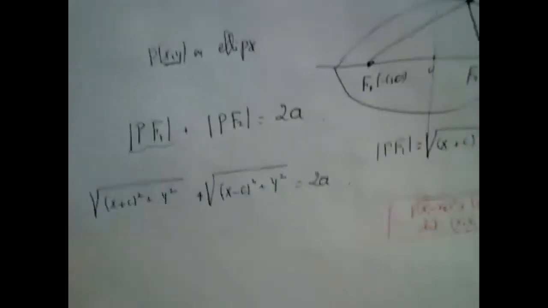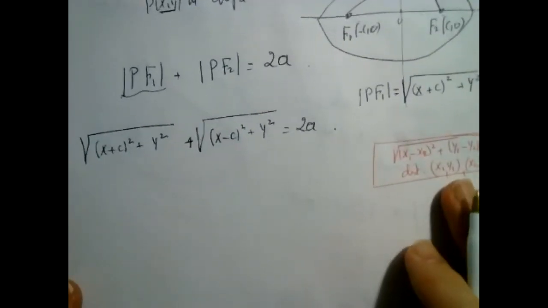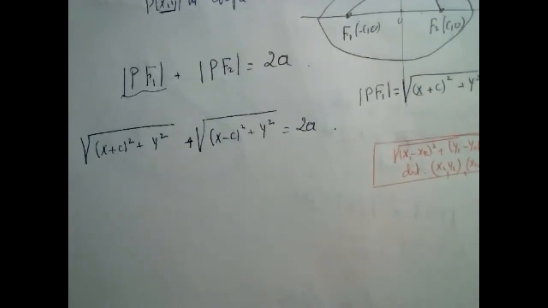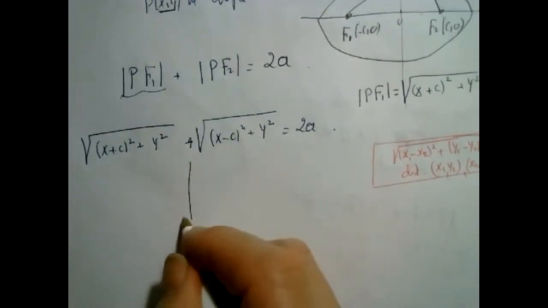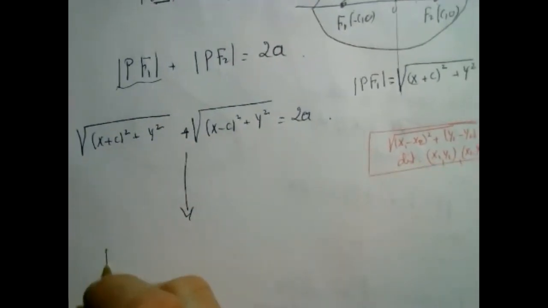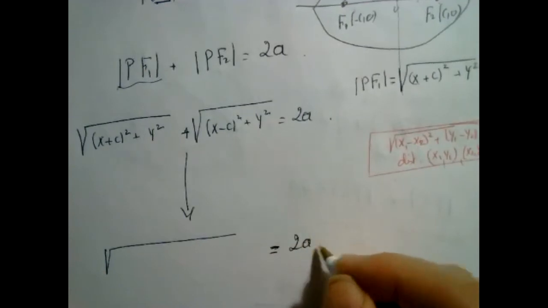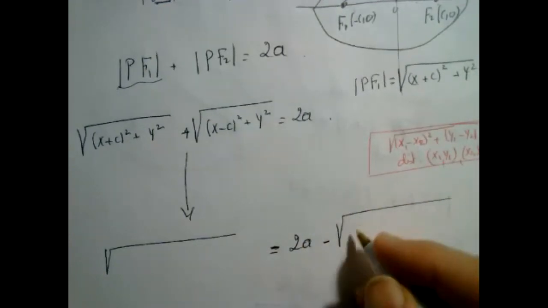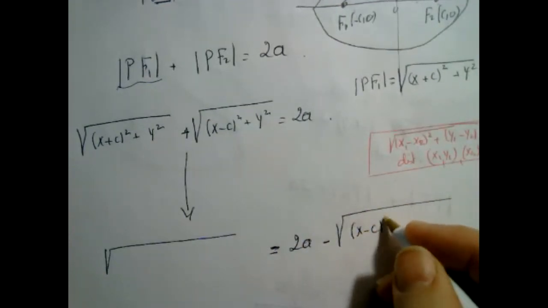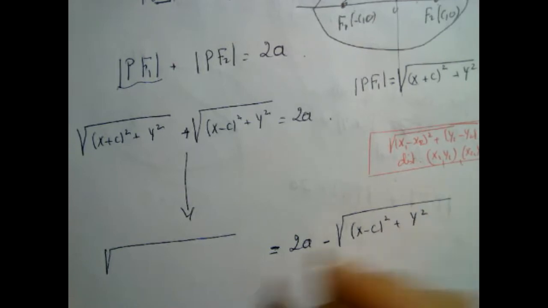Whenever we have a square root and need to manipulate, we basically square to get rid of the square root. So I'm going to move this term to the other side. And you have to be careful with the algebra, because if I mess up, I can never get the equation nicely.